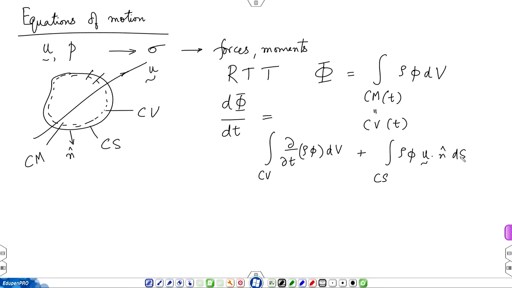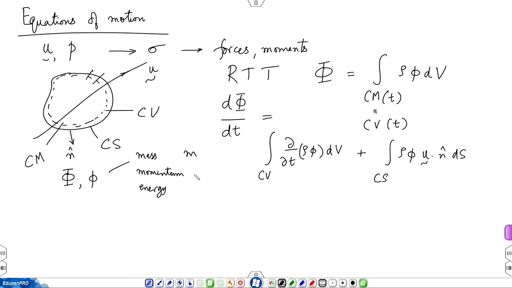So, this capital phi and small phi, these get related to the natural laws or laws of physics as they are called at the continuum scale. So, mass, momentum and energy.